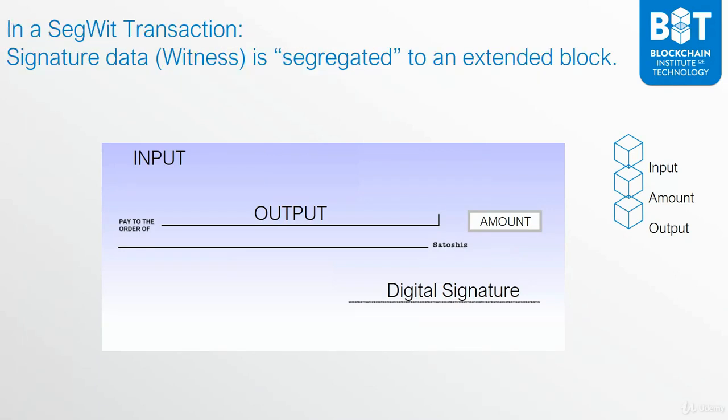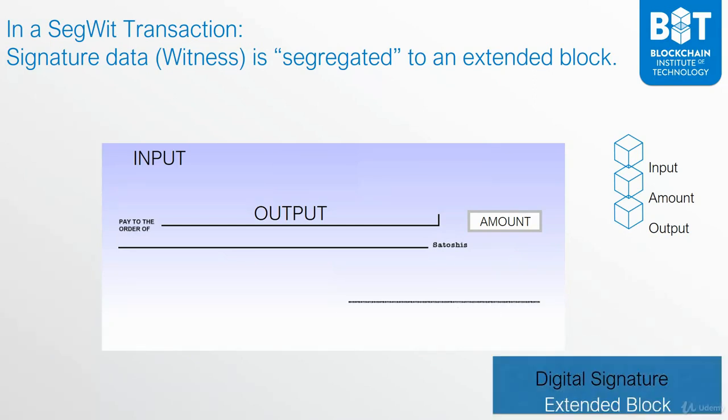Now, in a SegWit transaction, what happens is that this signature data, which is also known as the witness, is segregated to an extended block. That is, it's pulled out of the main block. And this is part of that change that we put as the block size limit versus the block weight. The digital signature information is pulled out into an extended block, which is separate from the transaction.